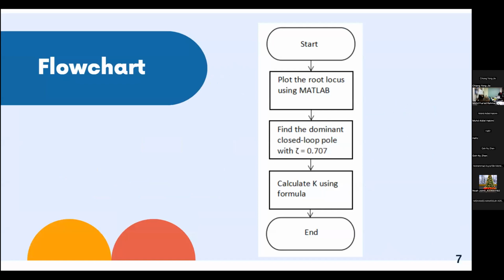And yeah, this is the flowchart. We start by plotting the root locus using MATLAB, finding the dominant pole with damping ratio 0.707, and calculating K using the formula.